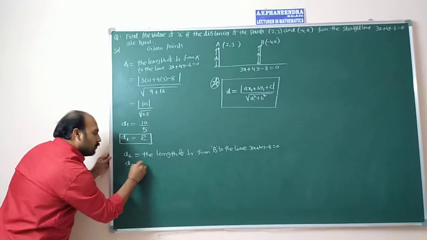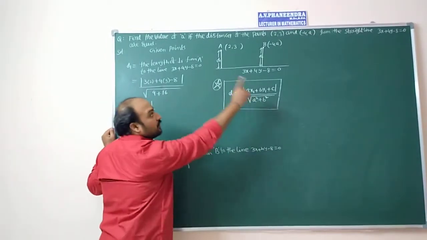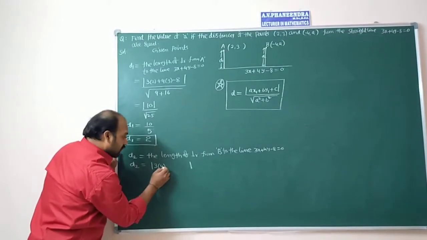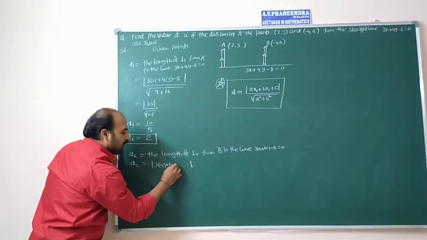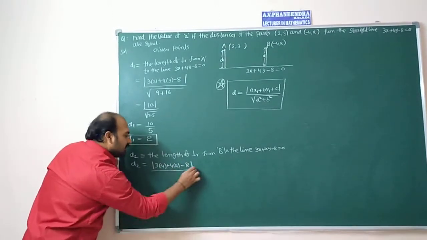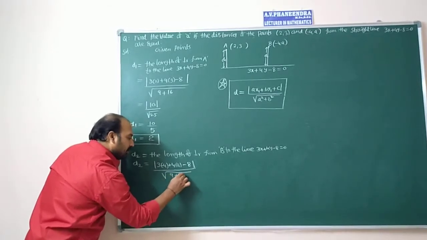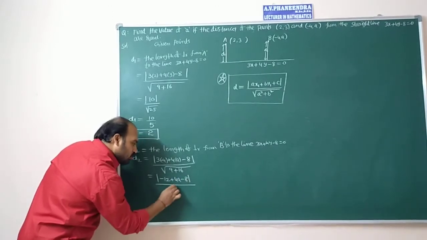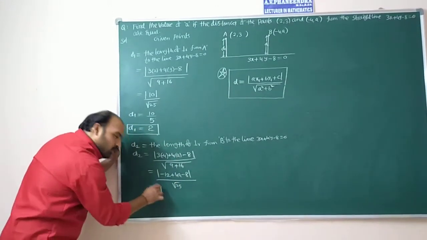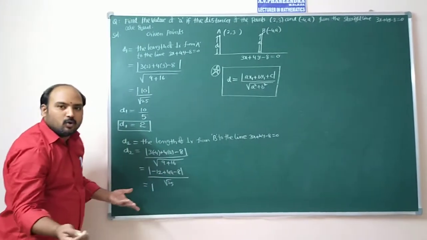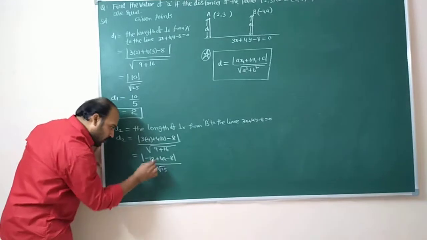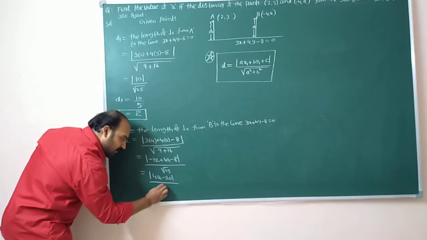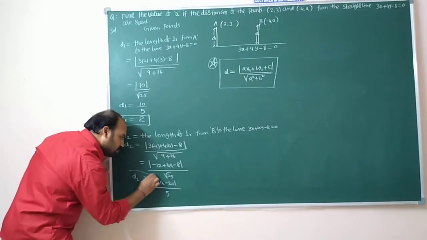That is d2 equal to mod, in place of x comma y, the B point, minus 4 comma a substitute. 3 into minus 4 plus 4 into a minus 8 divided by root of 3 square plus 4 square, minus 12 plus 4a minus 8 by root 25, which is equal to mod. Don't remove mod. Why? Because for what value of a it is positive we don't know. That is the reason you can keep the modulus like this only. 4a minus 12 minus 8 is minus 20 divided by root 25 which is 5. This is the value of d2.